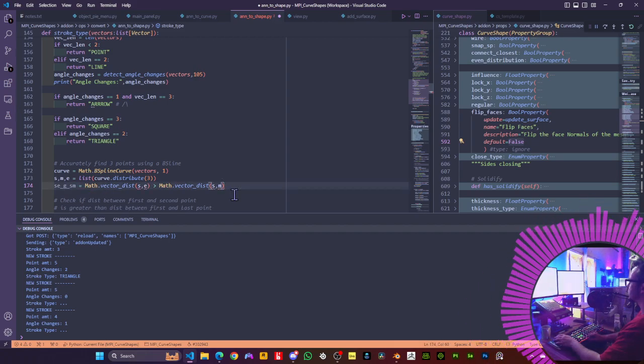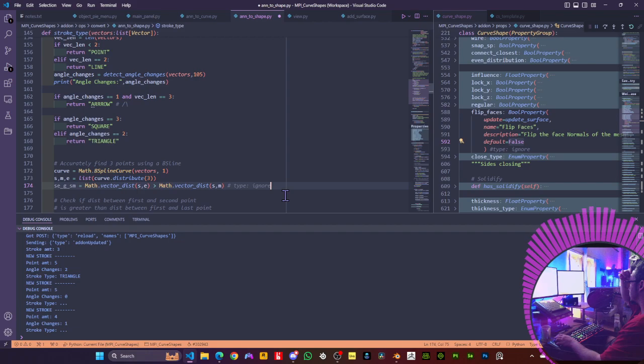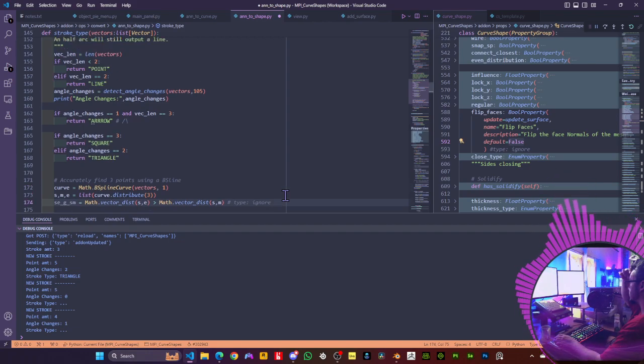Why do I have a type ignore here? Oh, because vector distance wants what? Vectors? Doesn't need to be vectors. Yeah, where are you? And these lines are always going to have more than 2 points.